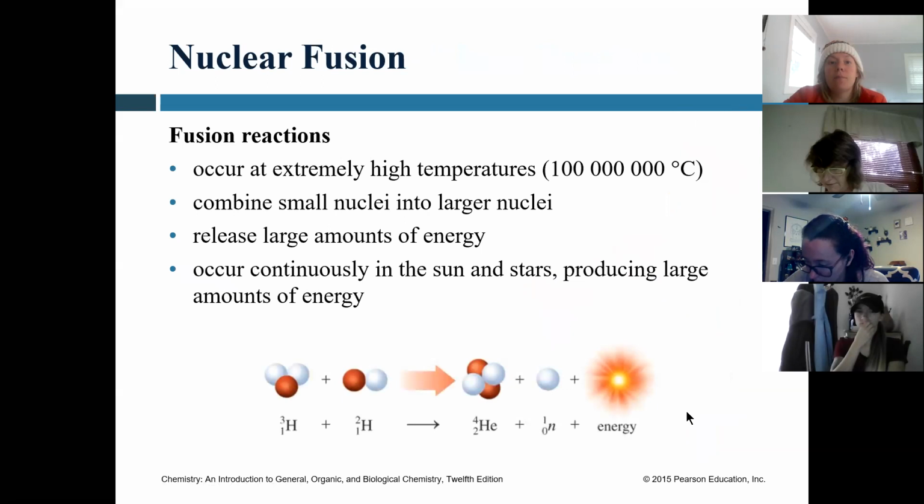If we have fission, we also have to have this thing called nuclear fusion, which is when we take 2 smaller nuclei and we turn them into 1 large nuclei. So we can synthesize this in a couple different situations.